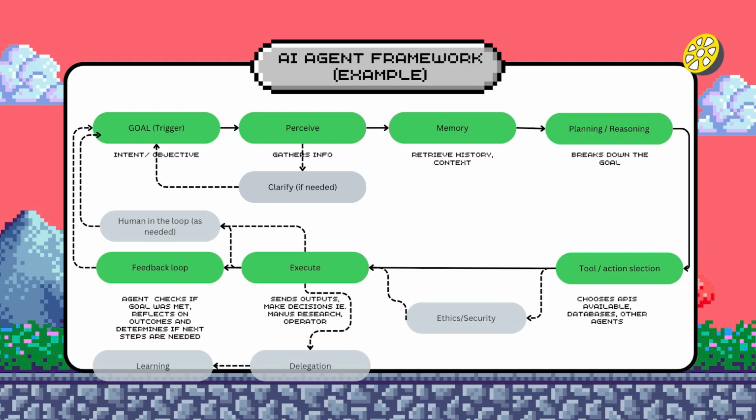After it plans and reasons, it looks at its available tools. If you set up a knowledge base, or the ability to search the internet, or call Notion folders or Google Drive docs, it looks at its capabilities. It can also check whether it has access to other agents to collaborate with.